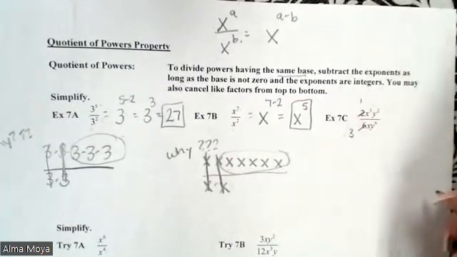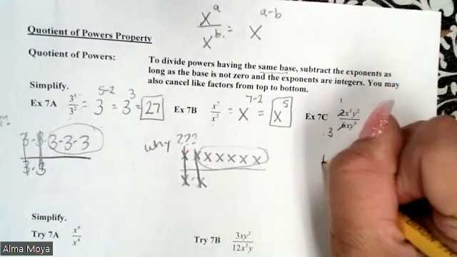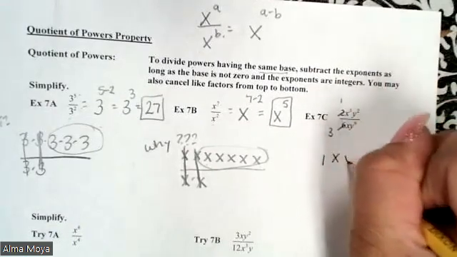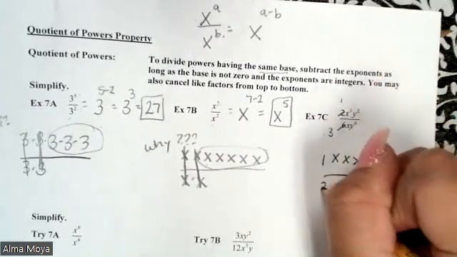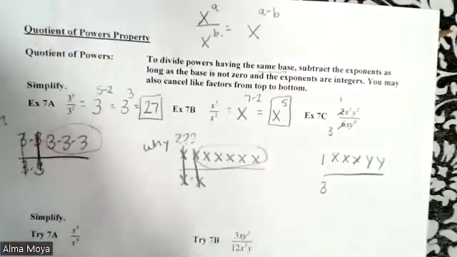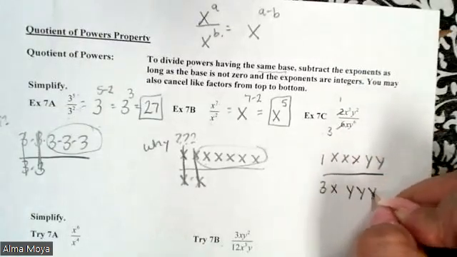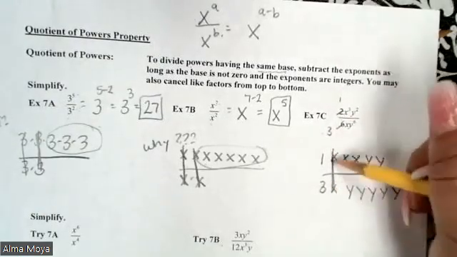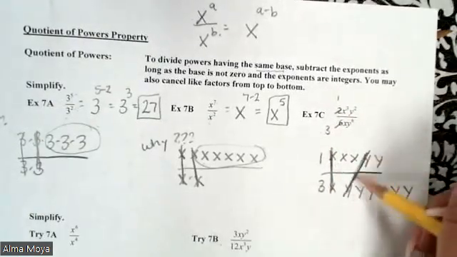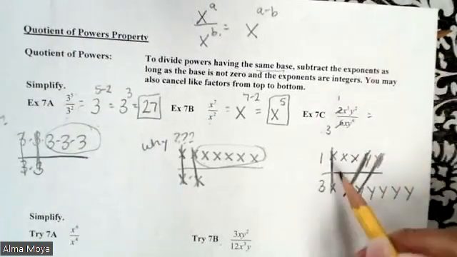Now, I'm going to write this one out, just because it's easier if you write it out. So on this one, I'm going to have a 1. I have 3 x's on the top, 1, 2, 3, and I have 2 y's on the top. In the denominator of a 3, I have 1 x and I have 6 y's: 1, 2, 3, 4, 5, 6. So now this x cancels out, this y cancels out, and this y cancels out. In the numerator, I'm left with the number 1.